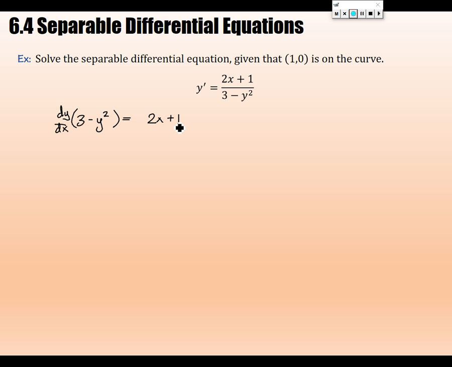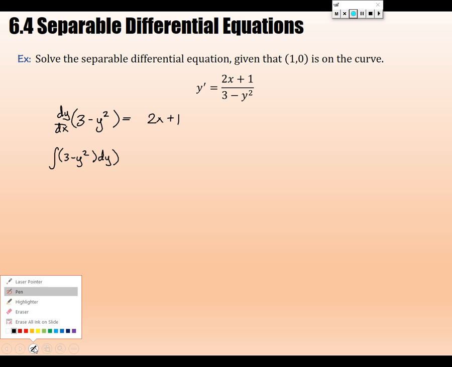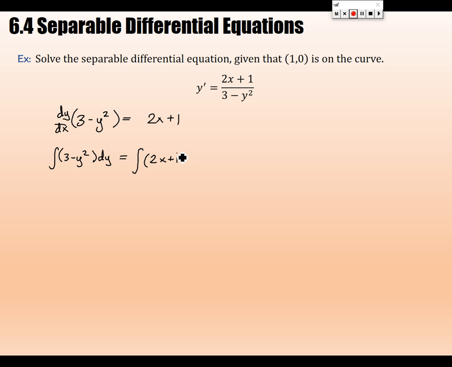And then integrating both sides with respect to x, we're going to have an integral over here with respect to y, and an integral over here with respect to x. All right, see if you can finish. I'll give you a second to do the rest of the work there.